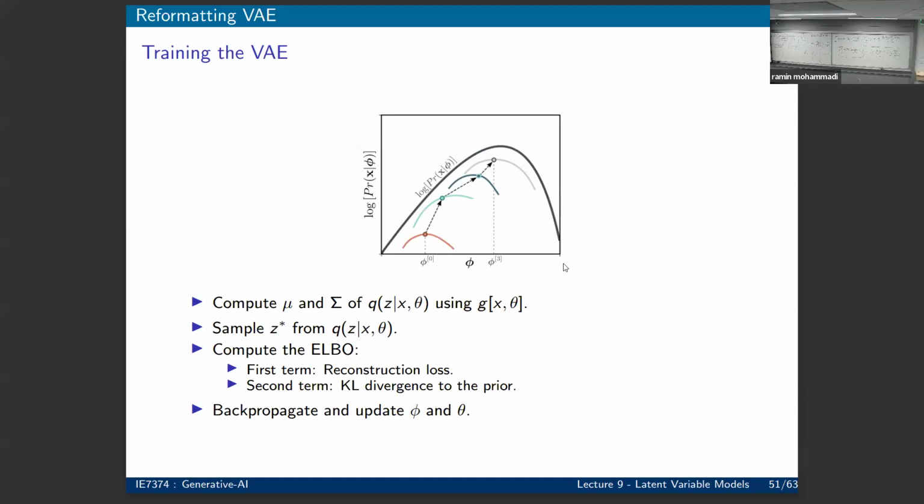From Z star, you generate some data using the decoder, but also you calculate the reconstruction loss and you calculate the KL divergence, the two. Using that, you update theta and phi. Updating theta and phi moves you to the next state, because it gives you the next theta, next phi. You move, and you get to the point that you cannot surpass that value. It's like you reach the top. And that becomes the overall learning process here.